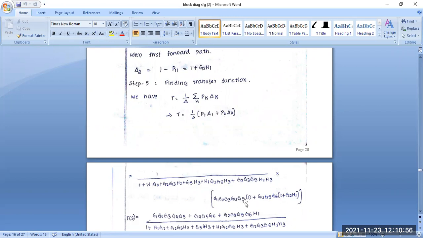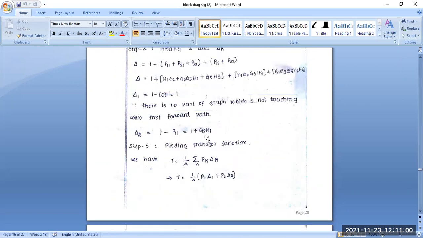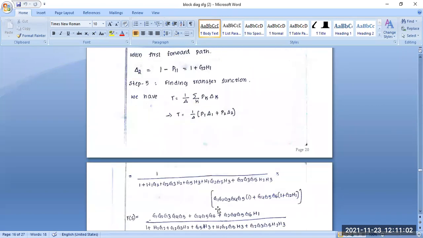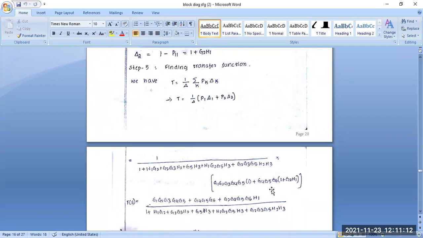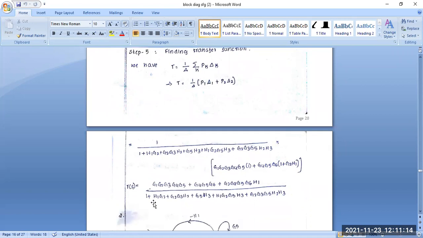Okay, because P1 equals G1, G2, G3, G4, G5, and P2 is equal to G4, 5, 6, and the del 1 and del 2 values we have to calculate from here. Okay, so this is basically the output equation from the signal flow graph. We can easily calculate the transfer function of the given signal flow graph method. Is it clear to all of you?